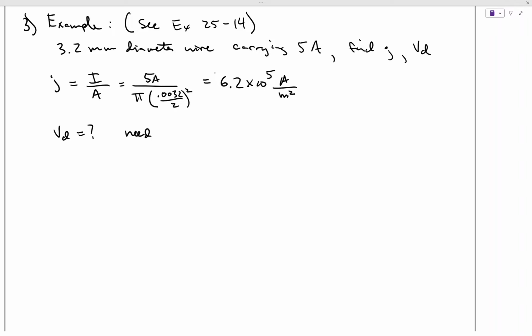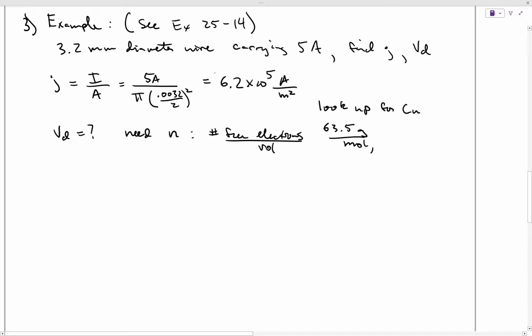first, we're going to need little n. And this was the parameter that I mentioned before, the number of free electrons per volume. And we can get this really by referring back to some chemistry knowledge and looking at some dimensional analysis. So if you look up for copper, you can find the molar mass of copper, 63.5 grams per mole.